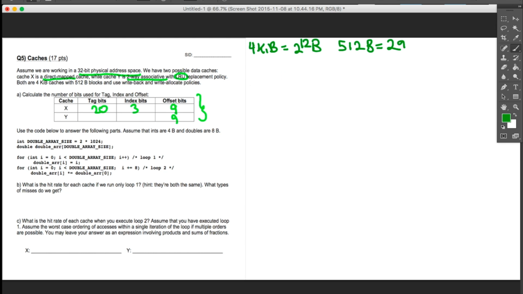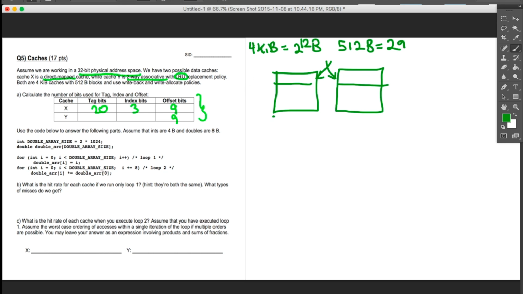For two-way set associative, it's a little bit different, because the way two-way associative works is that instead of just one single rectangle or one single cache, we now have two different ways that data can go in. If you load in a block, it could go this way or that way, hence the two ways.